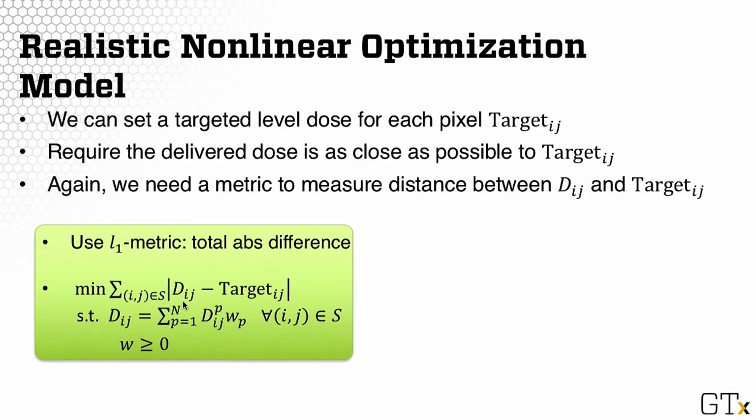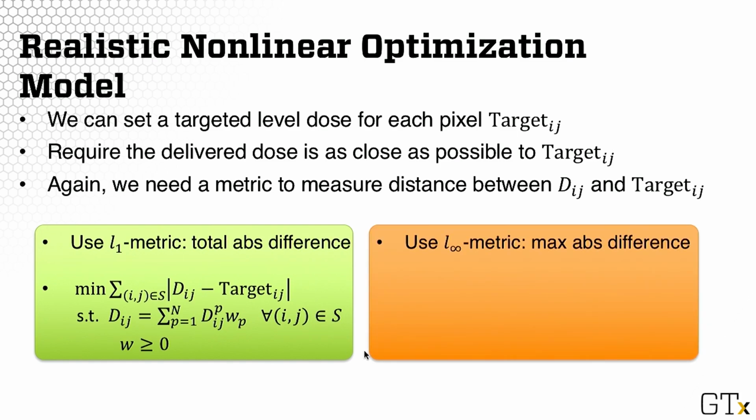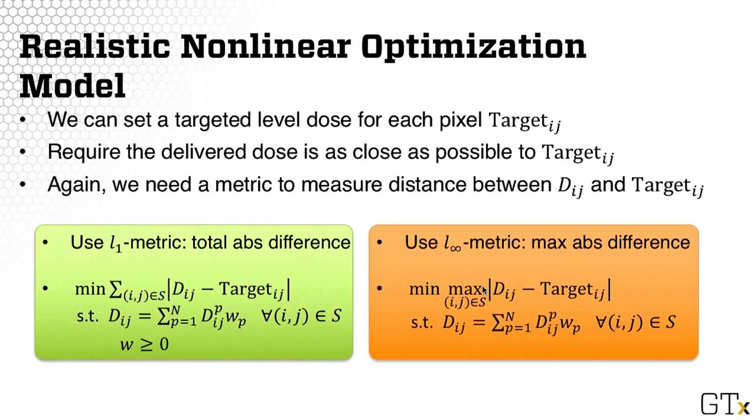And we want to have the total delivered dose as close as possible to the target, measured in this distance function. Here's another way to measure the distance. The distance is measured as the maximum absolute value difference between the realized dose and the target dose.